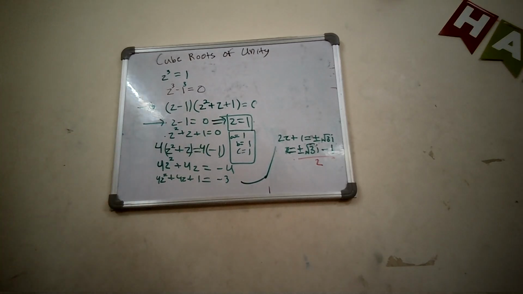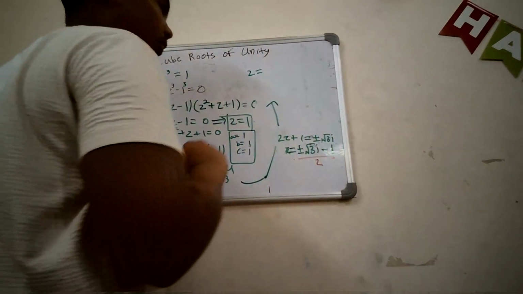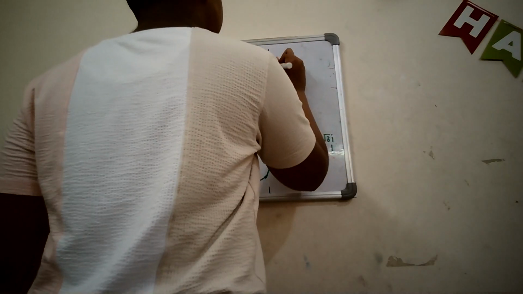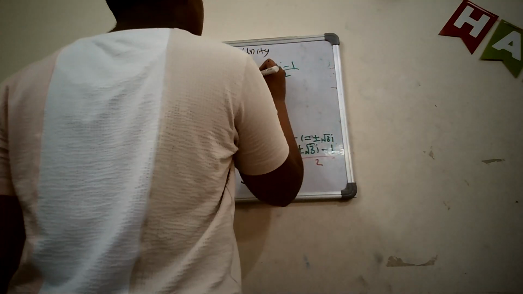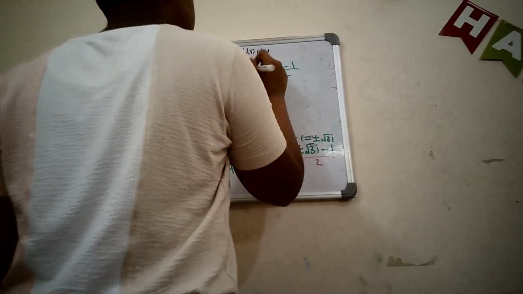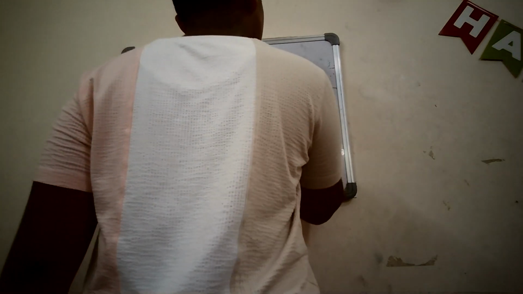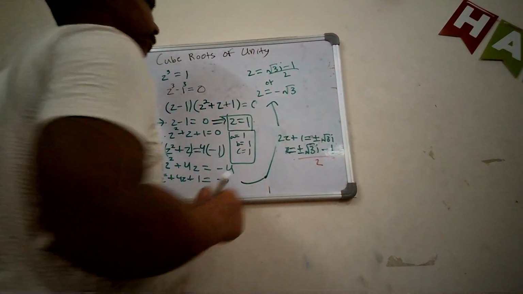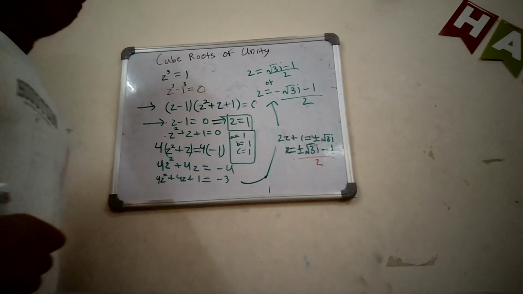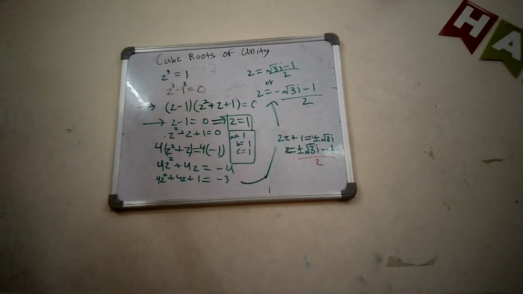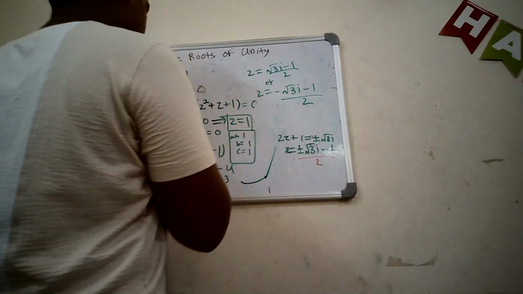Alright, so now we have 2 possibilities. z can be equal to the positive square root of 3 times i minus 1 upon 2, or z equals negative 1 times the square root of 3 times i minus 1 upon 2. Okay? And there you have it. These are our 2 roots of this equation.